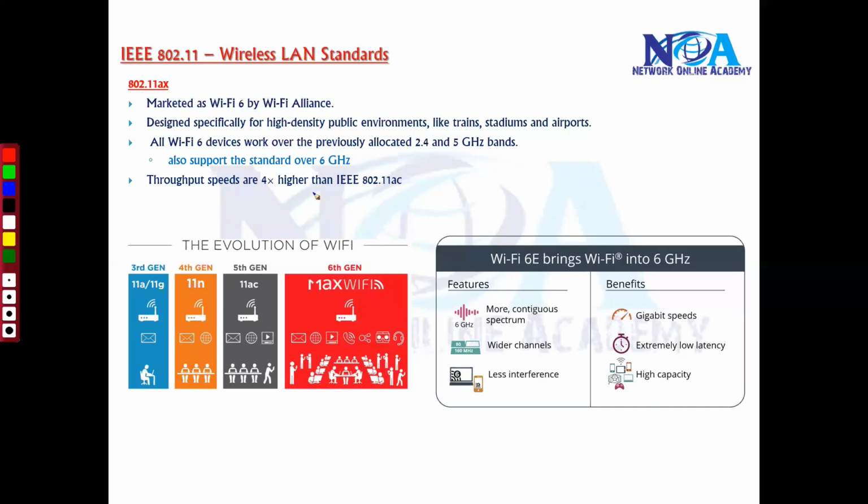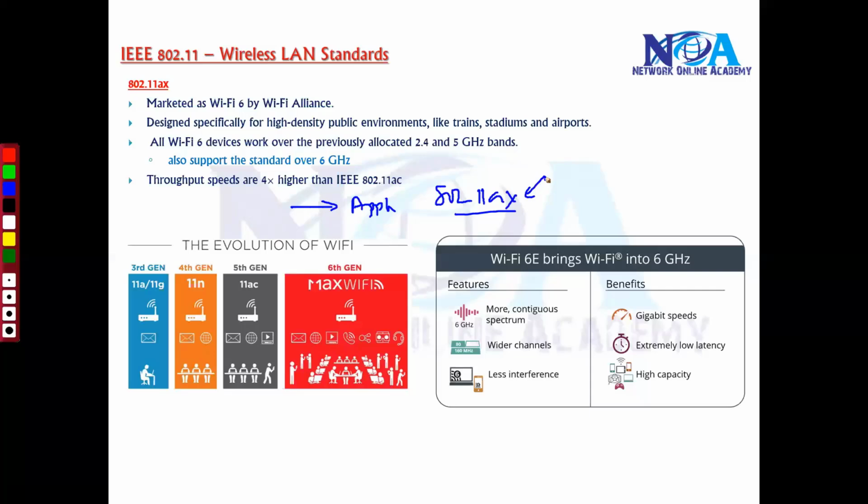Most of the new products, for example the products launched late in 2019 or later in 2020, like any Apple devices such as the iPhone 11 or Pro Max, or any Samsung devices, basically support the 802.11ax wireless standard.